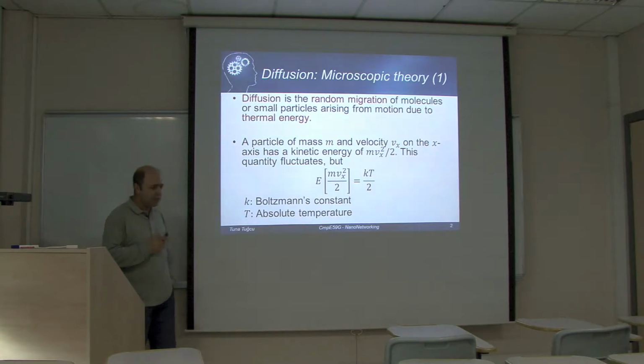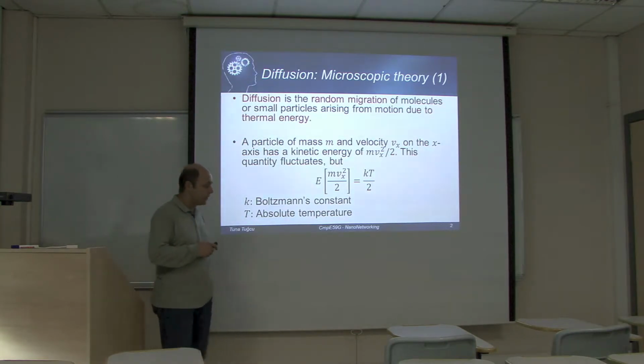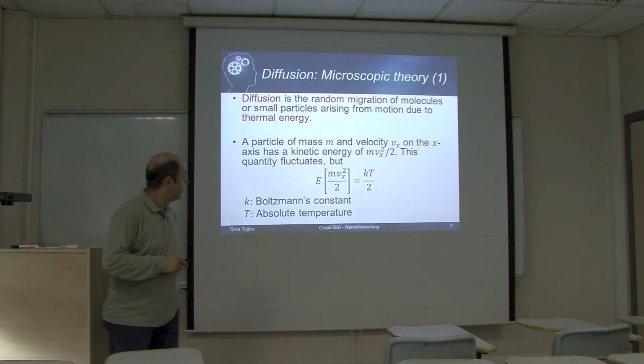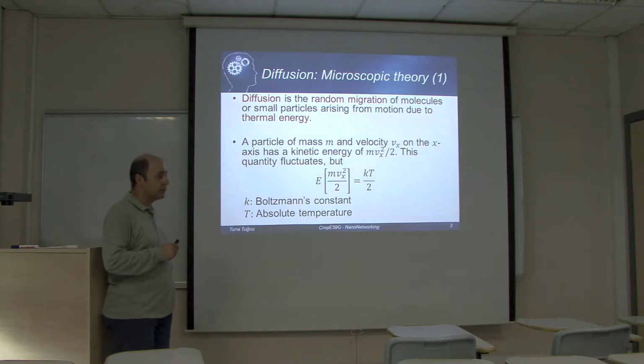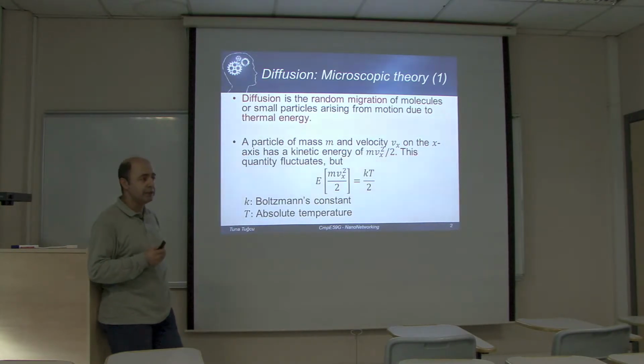So, if you look at it in terms of microscopic theory, diffusion itself is actually the random movement and random migration of the messenger molecules in the environment, arising from the motion due to what's called the thermal energy in the environment. Okay?